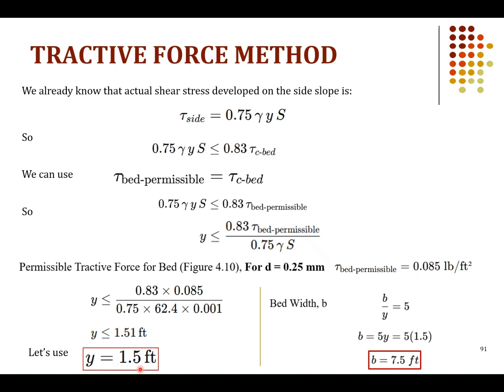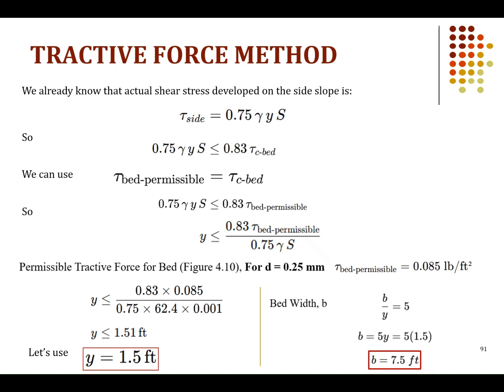You can use 1.45, you can use 1.4, but you should know that this is our limiting value. Now this depth of the water: in the beginning, we assumed b over y equals 5. If you do the math, you will get b as 7.5 feet. So you can say this is our first trial cross section.